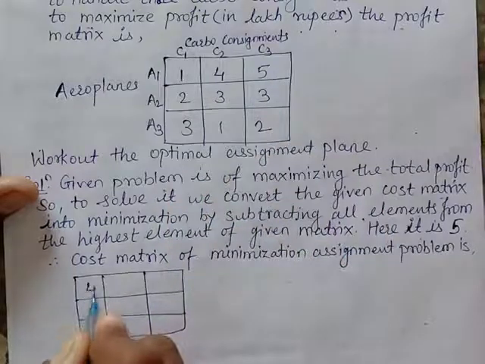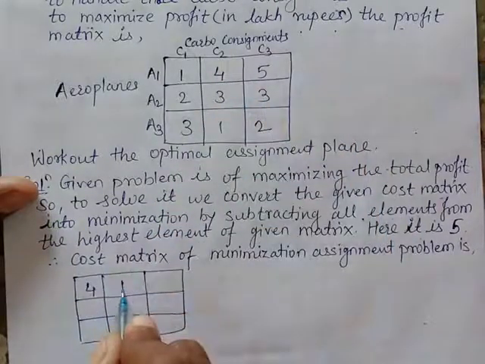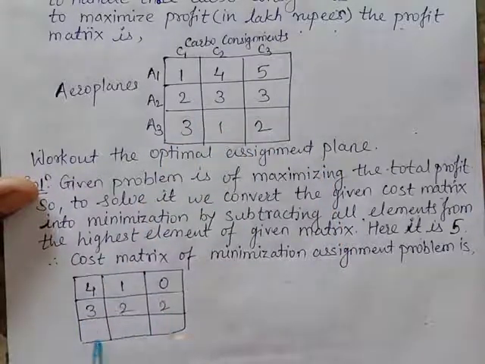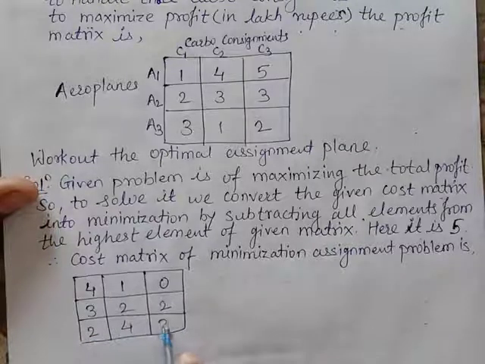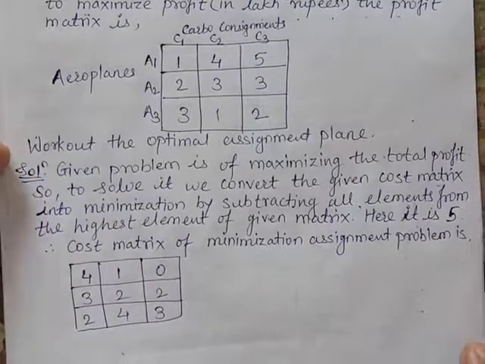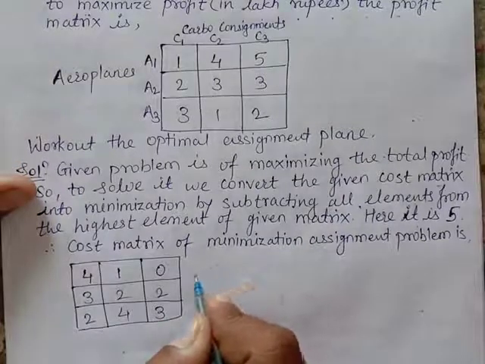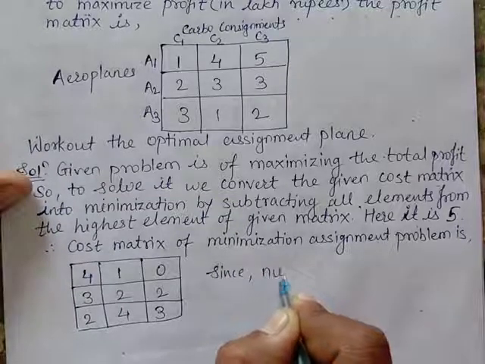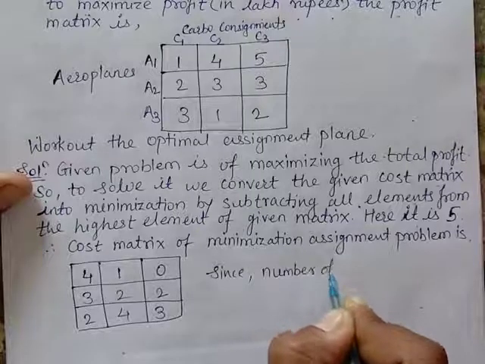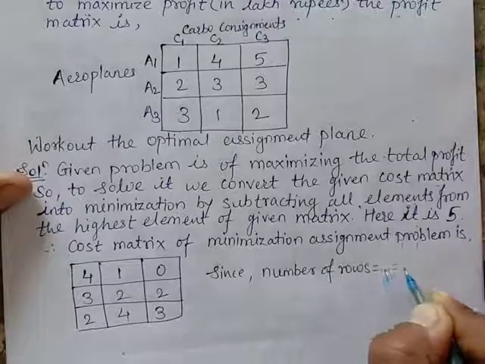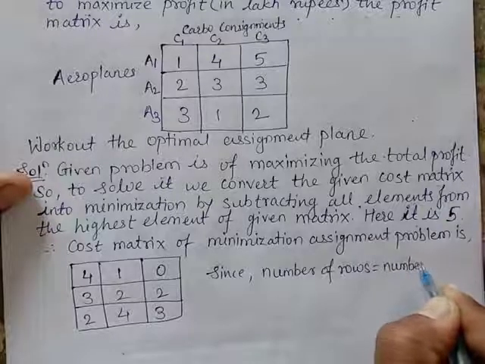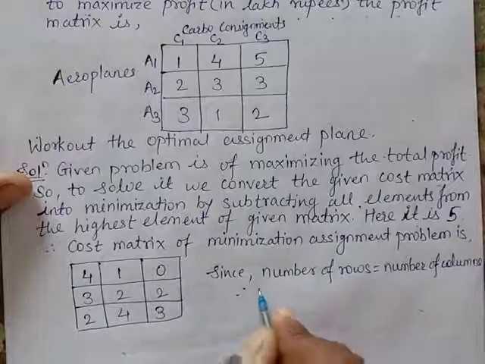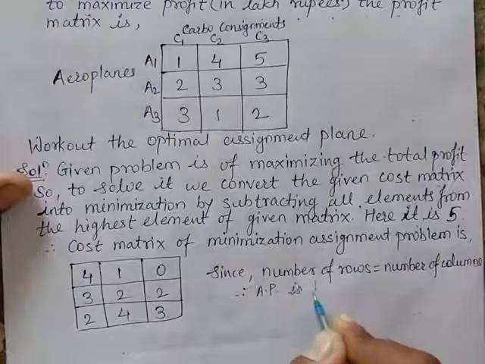So 5 minus 1 we will get 4 here. It will be 1 here, 0 here, 3, 2, 4 and 3. This is our minimization type assignment problem. Now here it is balanced since the number of rows is equal to the number of columns. Therefore, this AP is balanced.